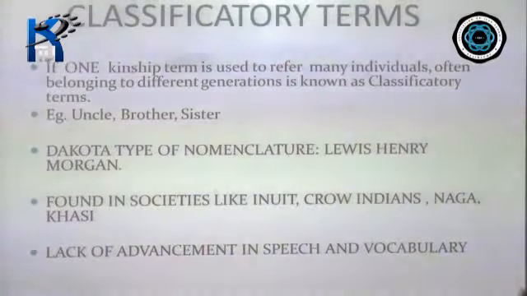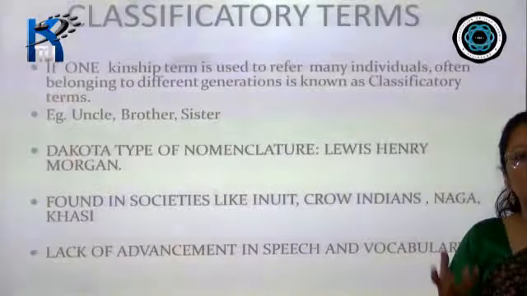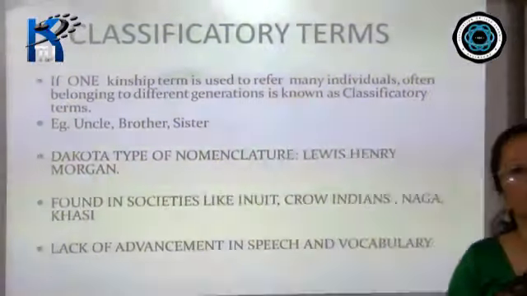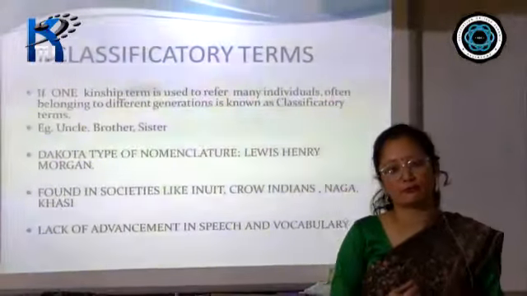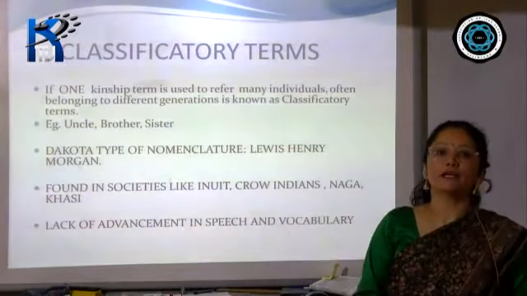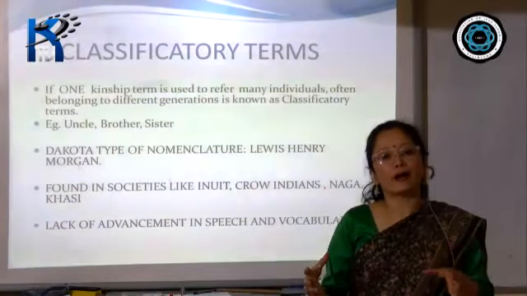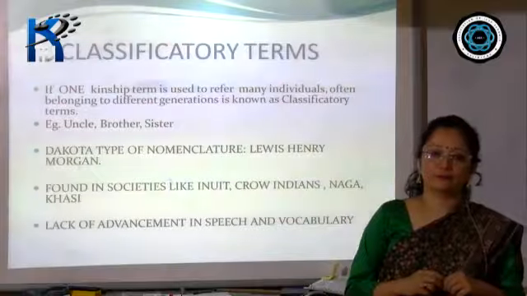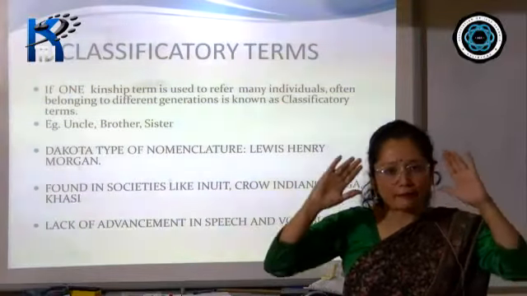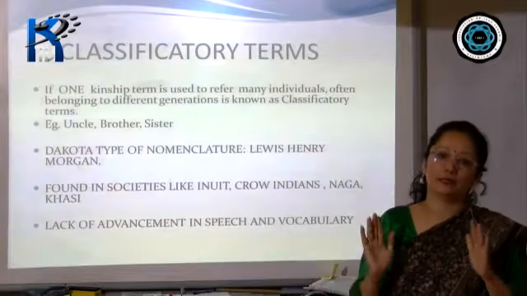Example, look at this term, uncle. Uncle is just one term. Uncle is an English classificatory term. If I make up a sentence, my uncle will be arriving from London, plain and simple, you have an image in mind of a male who is coming from London.